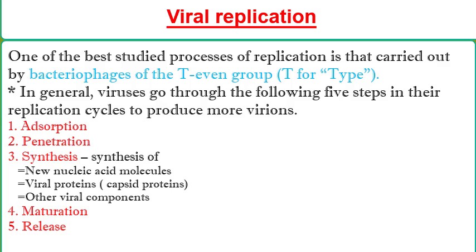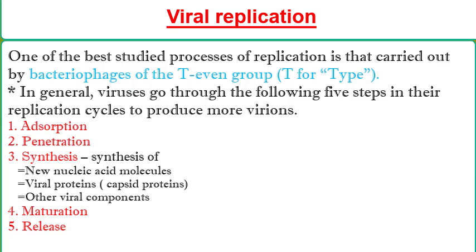As I told you before, in general, viruses go through the following five main steps in their replication cycles to produce more virions. The first step is adsorption. This is the attachment of viruses to the host cell. The second step is penetration. That is the entry of virions or viral genome into host cells. The third step is synthesis.